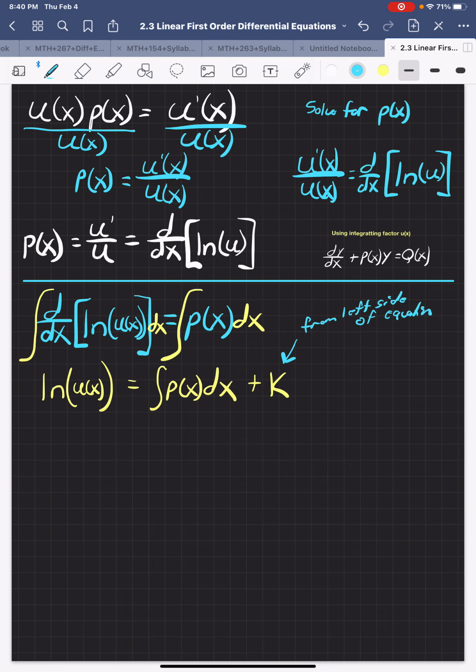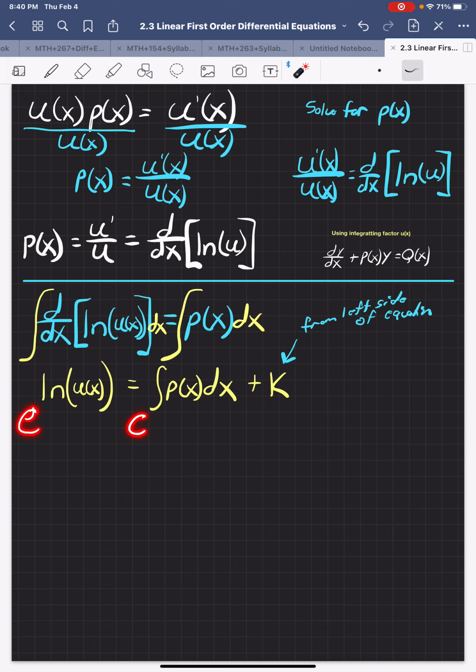All right. So let's see, where are we right now? Remember, the goal is I'm trying to show you where this u of x comes from. So what we're going to do right now is exponentiate both sides.